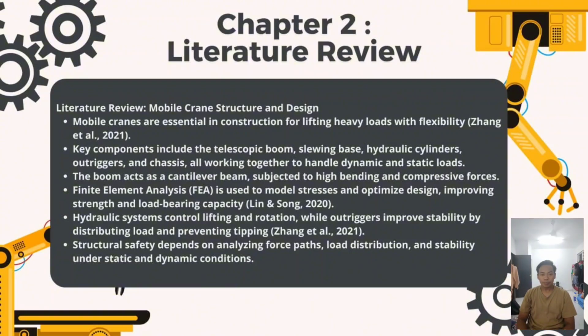In summary, past studies emphasize that mobile crane design must prioritize structural strength, dynamic stability, and operational safety, whether stationary or moving, to ensure reliable and efficient performance in various working conditions.